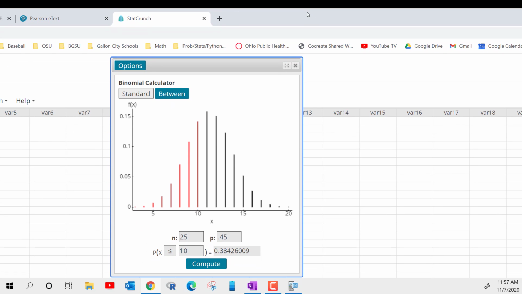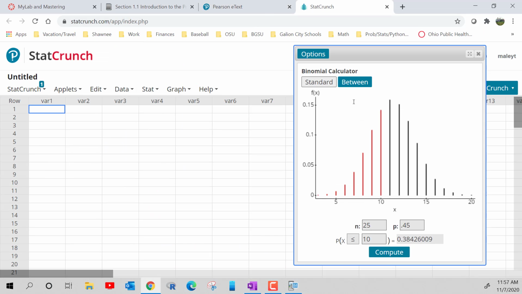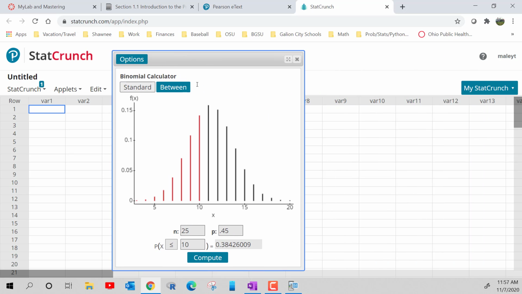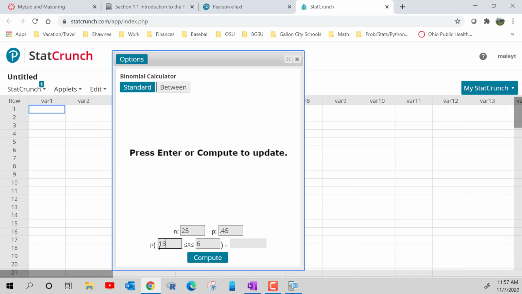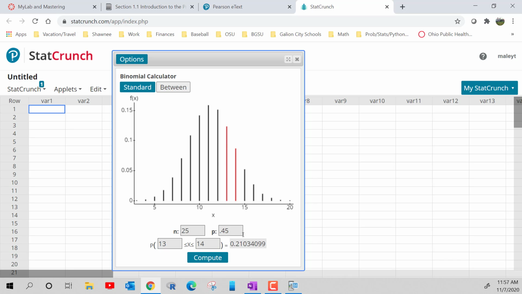So the nice thing about StatCrunch is you can find those in-between values as well. If I hit between, I can change my values here to be in between 13 and 14. And I think I have the n and p values correct. So I can hit compute, and it finds that for me. So if I hit this between button, notice I have x in between, and then I fill in the two numbers.